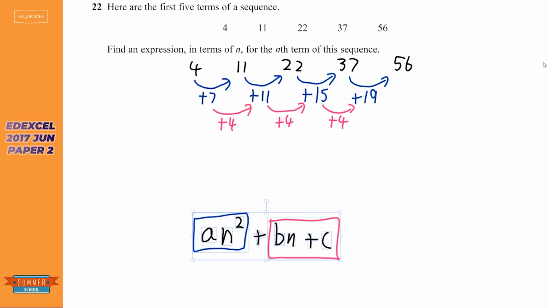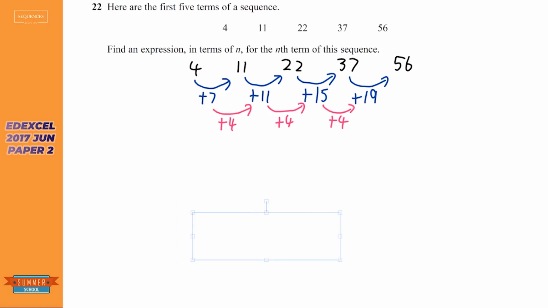So what we're doing now is we're going to find out what A is. And working out what A is dead simple, because all you need to do is get the difference of differences, which is 4, and halve it, which is 2. Now that bit there, halving it, will always be the case, okay?